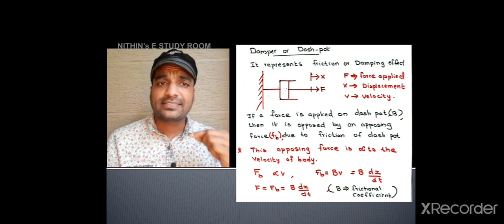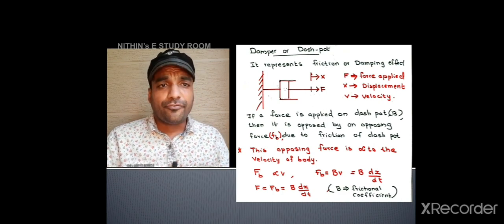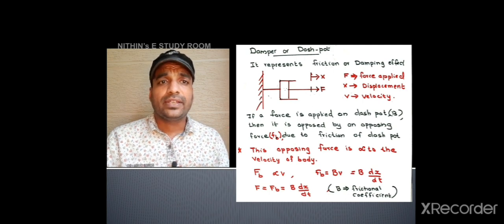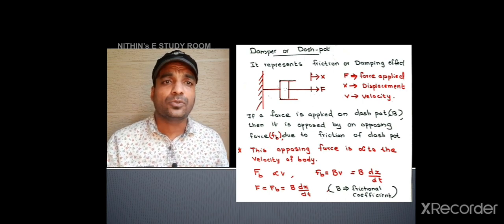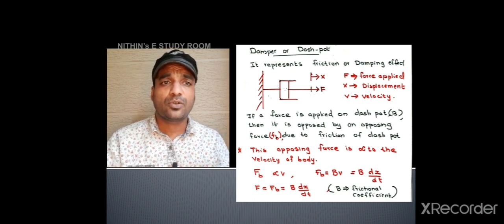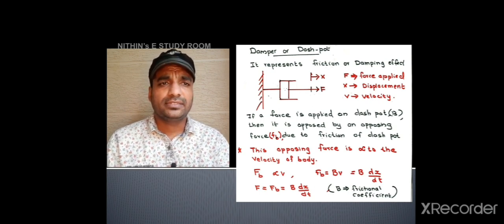So, Fb is directly proportional to the velocity of motion, and if we remove the proportionality by using a constant, then we can say Fb is equal to b into v, and b is nothing but the frictional coefficient, that is, a coefficient related to a damper or dashpot.